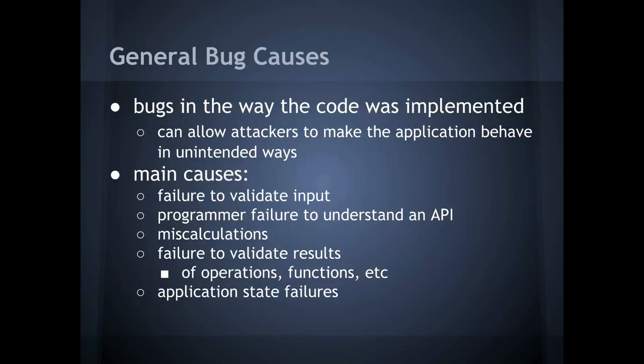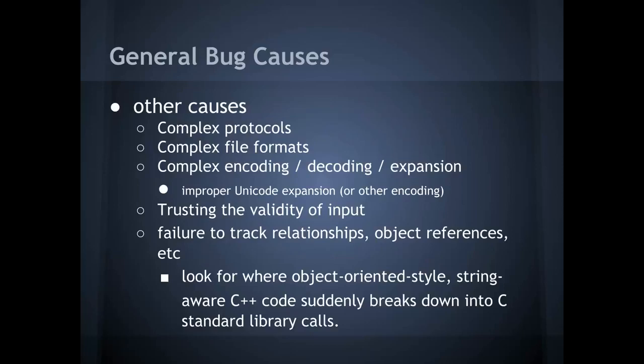So there are some general causes for bugs, basically involved in the way things are implemented: failure to validate input, failure to understand the API, miscalculations, failure to validate results or check errors, or application state failures.